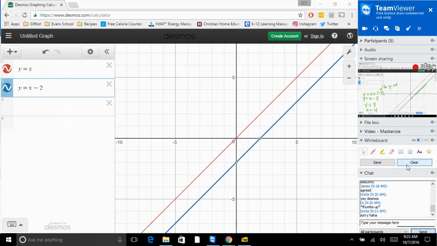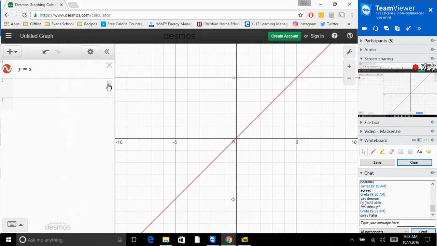Okay. All right, so what if I graph y equals 3? That's kind of an interesting one. What is the slope of y equals 3? Well, there's no x, right? So if I really wanted to write this equation in slope-intercept form, I could write it as 0 times x plus 3.